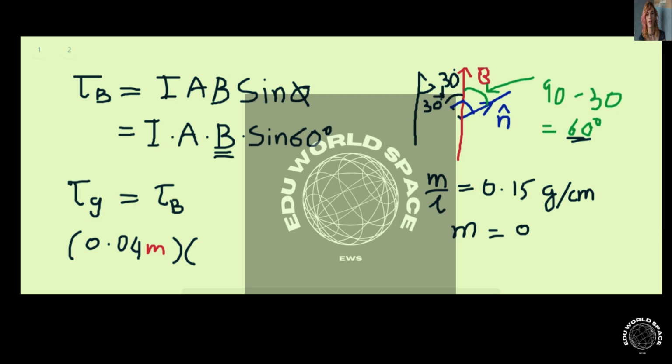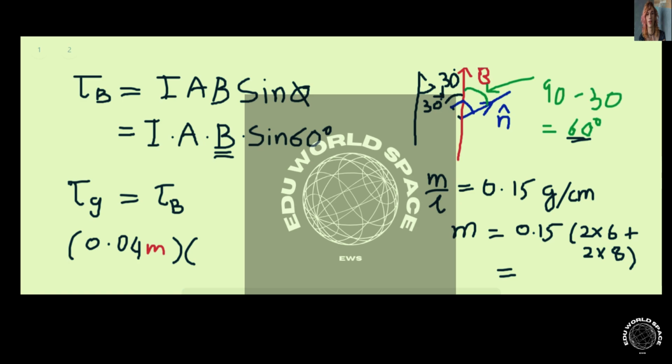So that would be 0.15 times the two sides which are 6 centimeters long, plus the two sides that are 8 centimeters long. 6 plus 6 plus 8 plus 8. 2 times 8 is 16, plus 2 times 6 is 12. 12 plus 16 is 28.